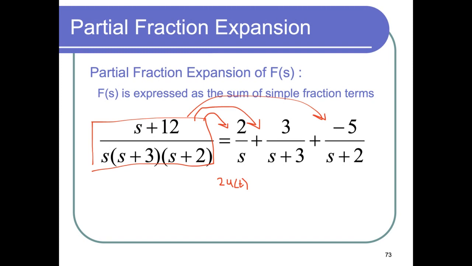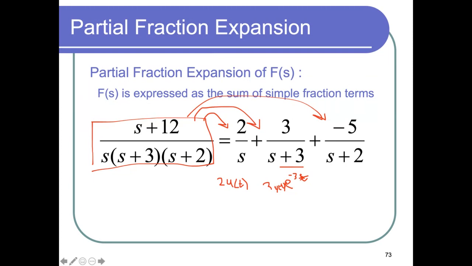Similarly, if I have 3 over s plus 3, then I know that I have a shift in the frequency domain, so I have e to the power of minus 3t. Then we have here 3 u of t multiplied by that, right? Similarly, for the third fraction, because we have easier fractions to work with, we can immediately find the time domain representation of these fractions.